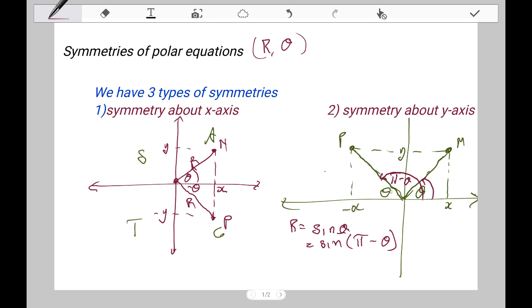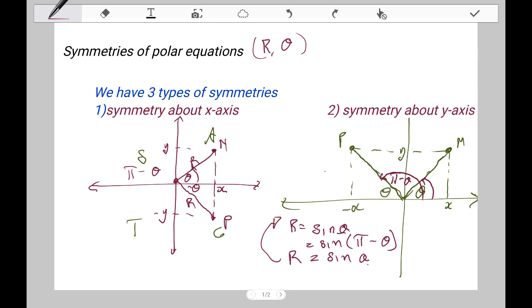Remember that pi minus theta is found in the second quadrant. In the second quadrant, sine is positive, so this is going to be sine of theta. So this last equation is the very same as the first equation. Therefore, this equation is symmetric about the y-axis.